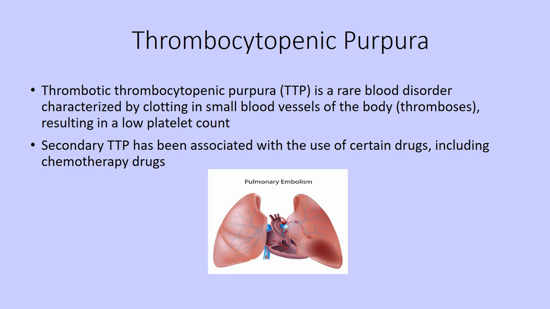The platelets are going to go to the site of injury and actually repair it. You are now low on platelets circulating because they're doing their job based on where the actual incident had happened in your body. So for this one, it's a low platelet count because the platelets are doing their job somewhere else. Secondary thrombocytopenic purpura has been associated with the use of certain drugs, including chemotherapy drugs.